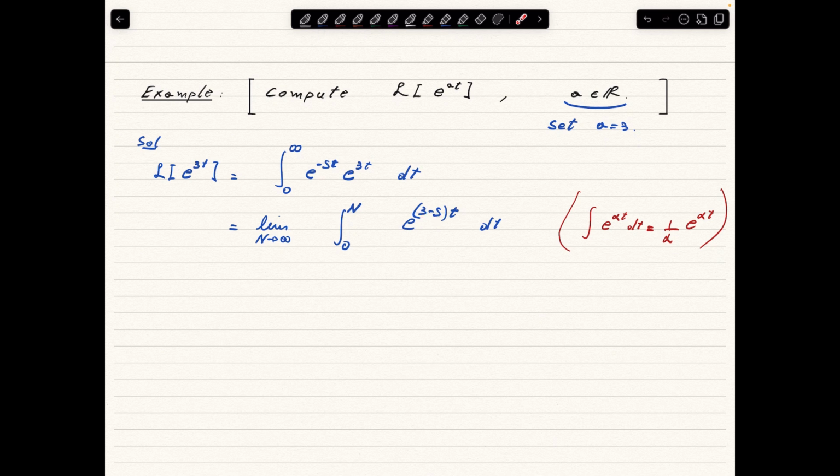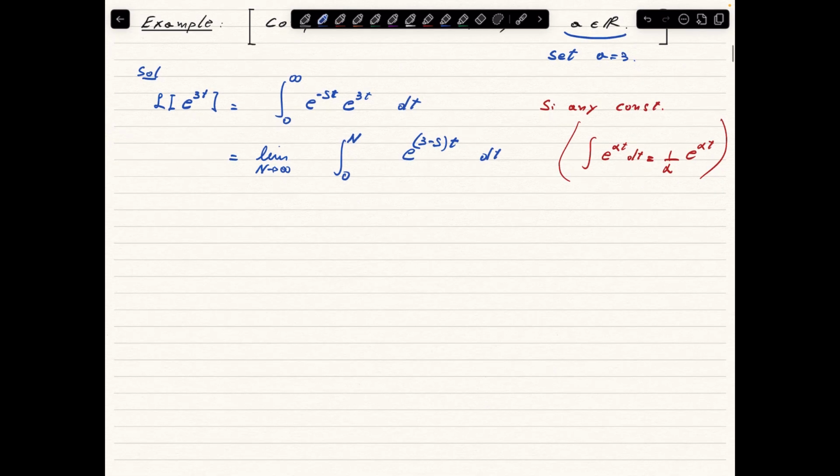Recall, s here is arbitrary. s is any constant. Could be 3. So if s happens to be 3, what is the Laplace transform in that case?